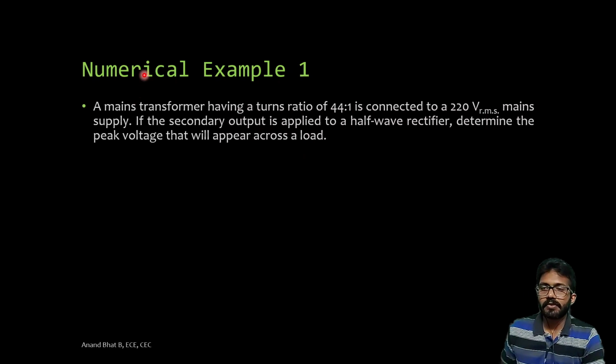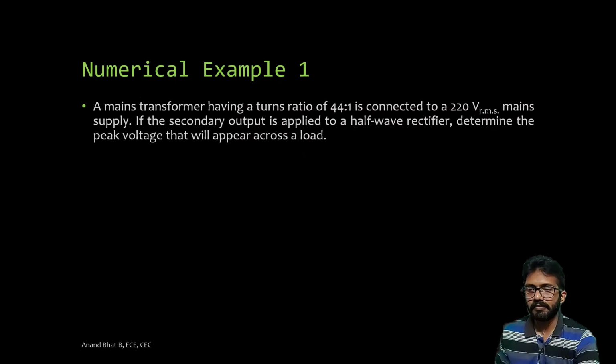So in this question, the turns ratio of the transformer is given, and it is said that the supply is 220 volts and it will be stepped down as per the requirement which is given. Thus, we have to find out what is the voltage that will appear across the load.